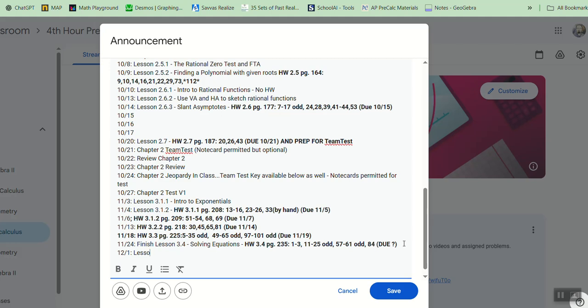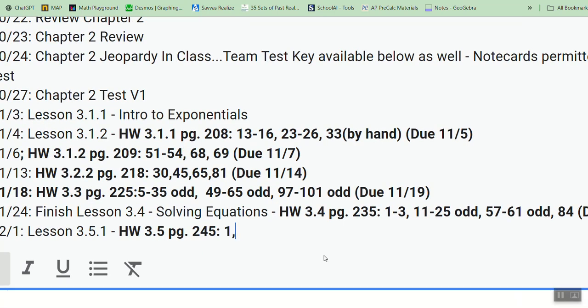All right. So this is lesson 3.5.1. And I'll put the name and stuff. Homework 3.5. This will be due Wednesday. If there's a population problem, you are able to tackle it at this point. You will find this on page 245. And I want you to do problems 1, 5 and 6.